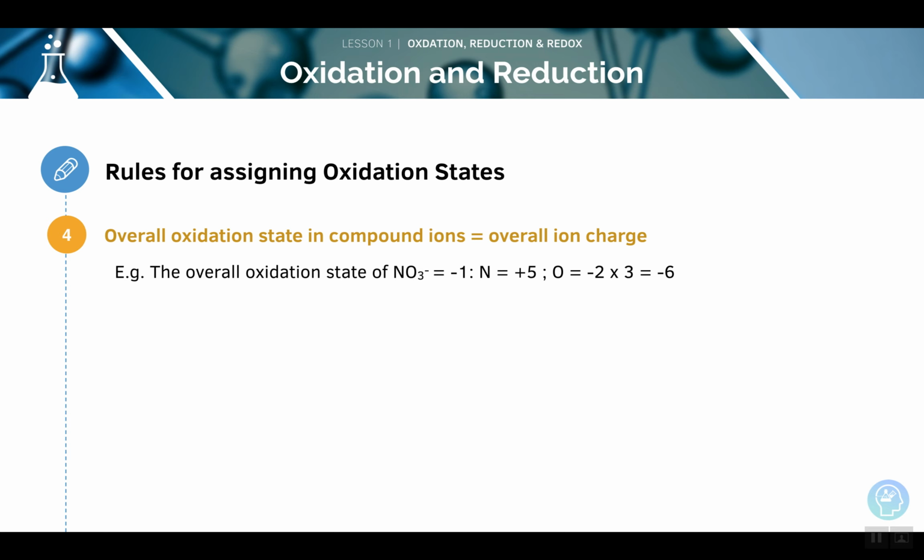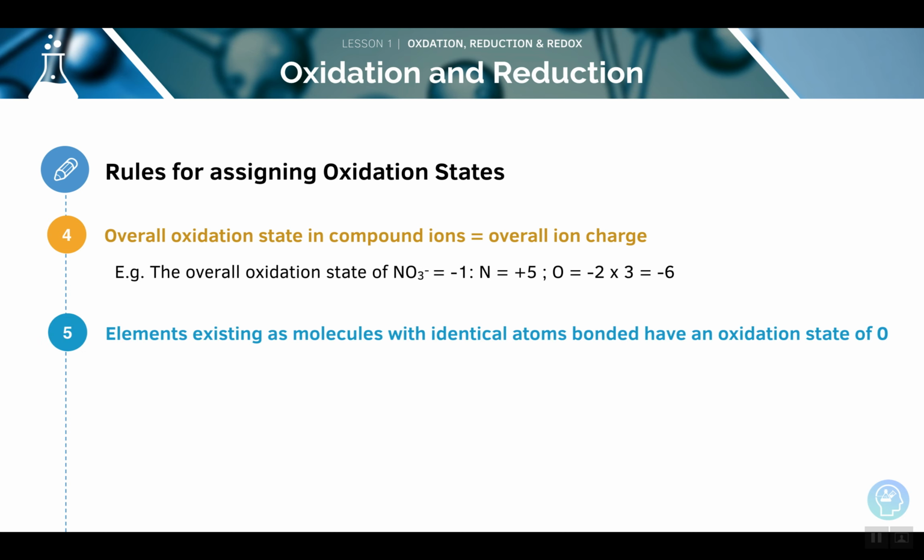The overall oxidation state of NO3- is -1. This is the nitrate ion. Our fifth rule is that elements that exist as identical atoms bonded together have an oxidation state of 0. For example, oxygen and chlorine have an oxidation state of 0.